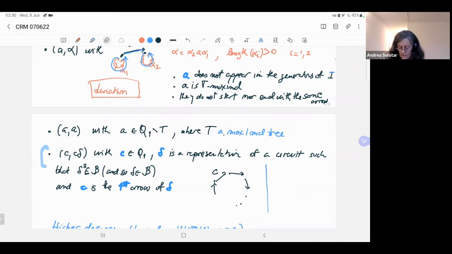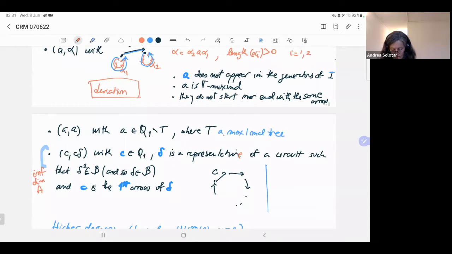And then again, there is a set of elements that appear only in the infinite dimensional case, for infinite dimensional A, that are related with cycles again. So let's consider delta a cycle such that the square is not zero in the algebra, and so delta is not zero in the algebra. And then a circuit is the set obtained by rotating it in all possible ways.